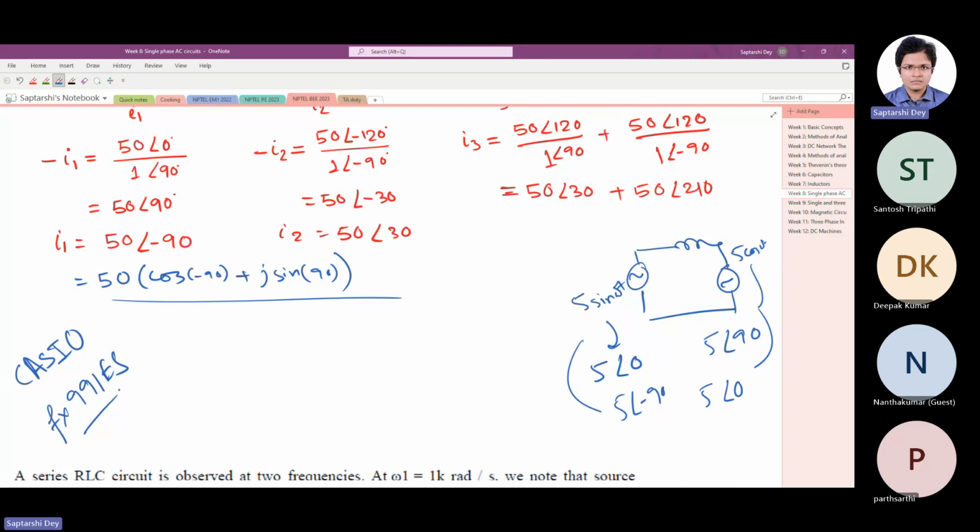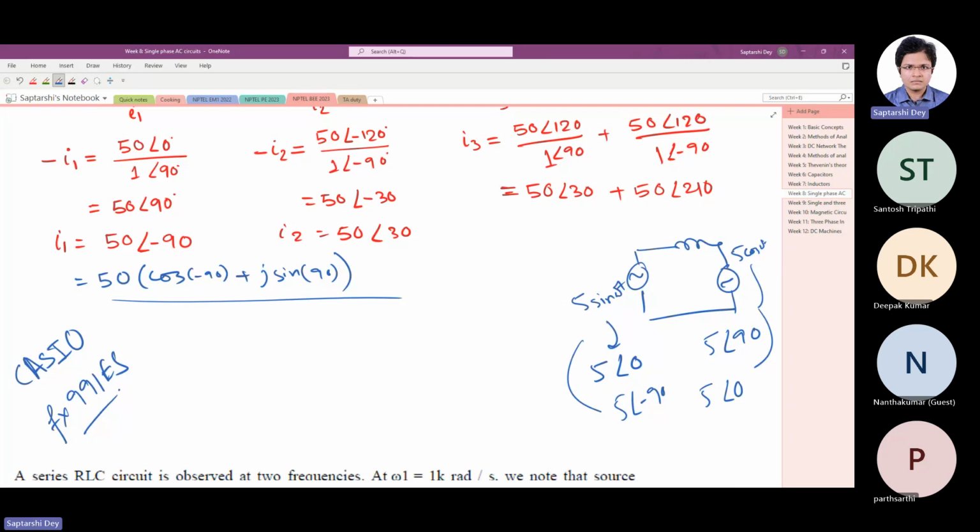So I am writing in my calculator 50 angle minus 90 plus 50 angle 30 plus again 50 angle 30 plus 50 angle 210. I'm simply adding up all these currents.